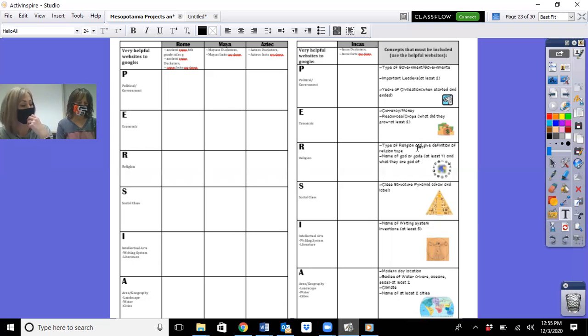You might also include some trade, like things that they may have traded. Even though that's not on there, I have my students write in trade. It's something that you might consider because when we get to Greece, trade is a huge deal, and most of these civilizations had some kind of trade with other civilizations.